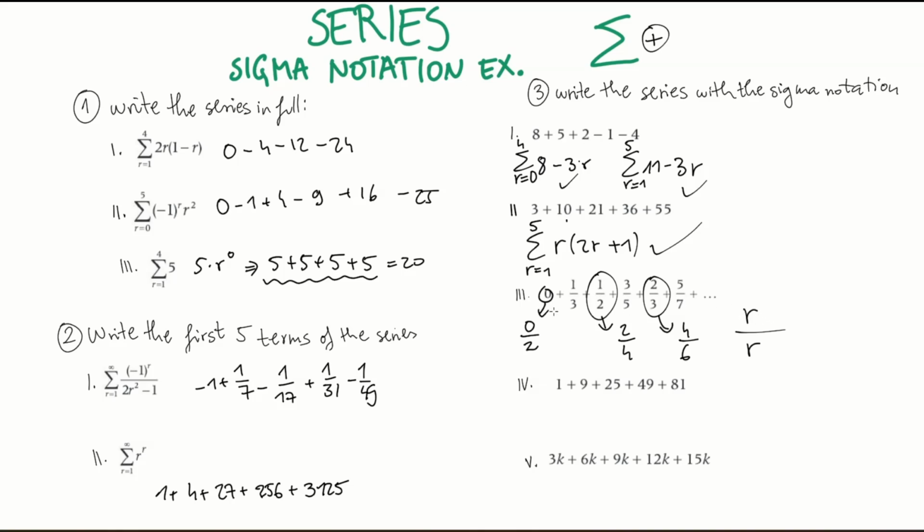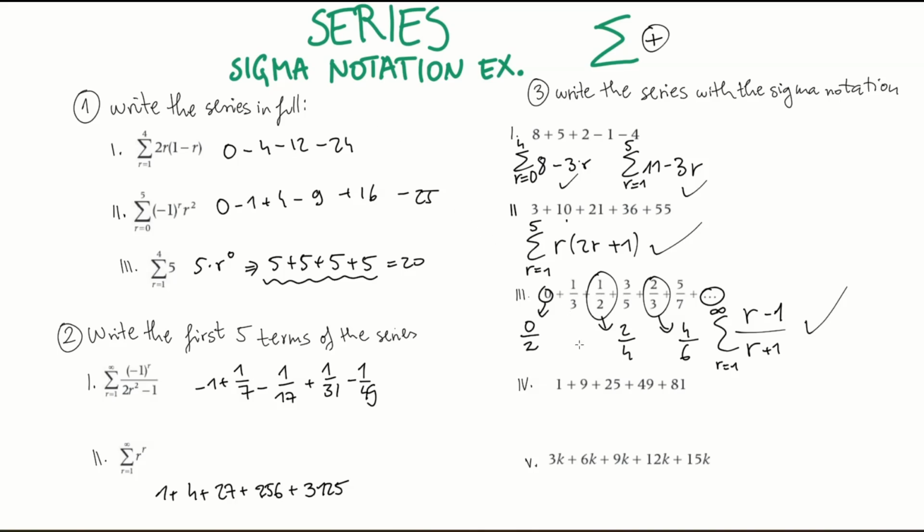So for my first term I need to get 0 in the denominator and in the numerator, so I will just put 1 minus 1, which is 0, and in the numerator I have 1 plus 1, which is 2. So that's my sigma notation for this series, and it's running from r is 1 to, since we have these 3 dots, it just means infinity. And that's also the solution to this exercise.